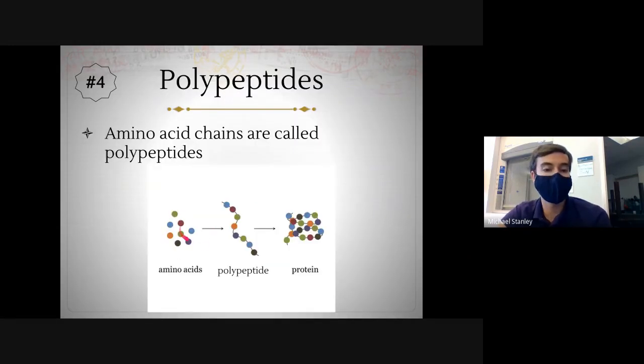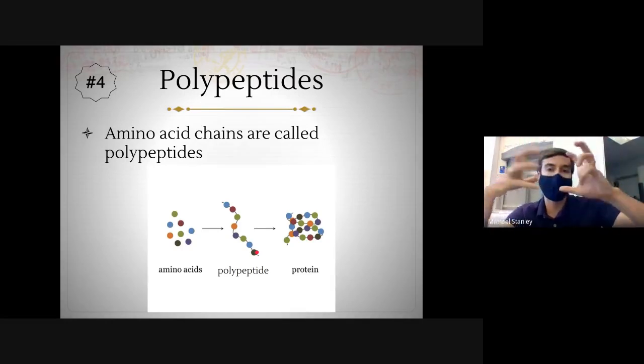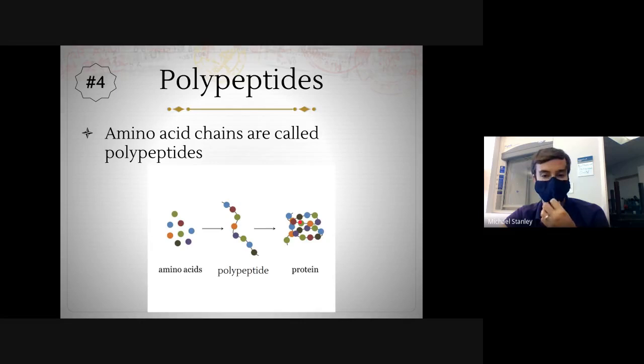So we have all these different amino acids with their different side chains. We can link them together in this bigger chain. And when they're first linked together, they're called polypeptides, because another name that some people give amino acids is peptides. So when we link them all together, we have a polypeptide, and then we fold that all up together. And when that gets all folded, it makes a protein.